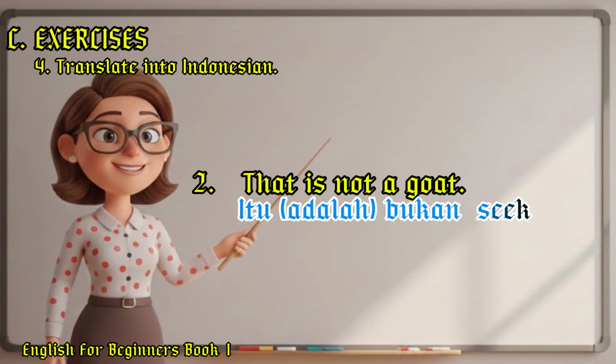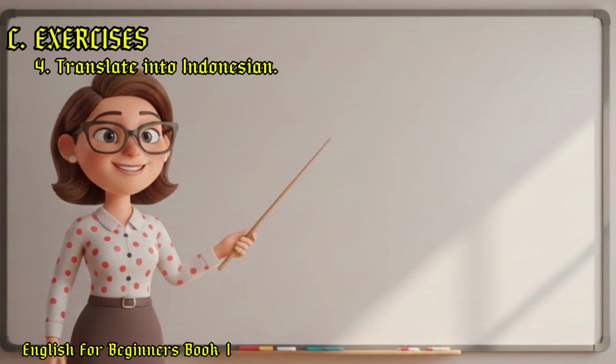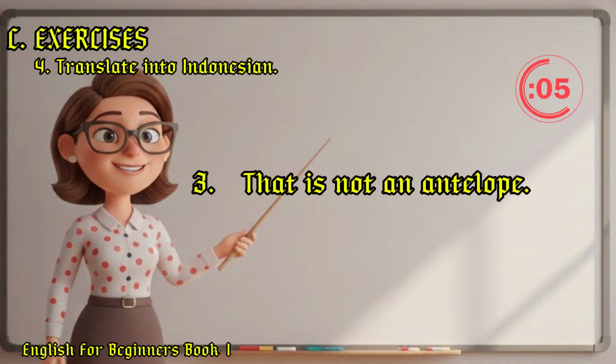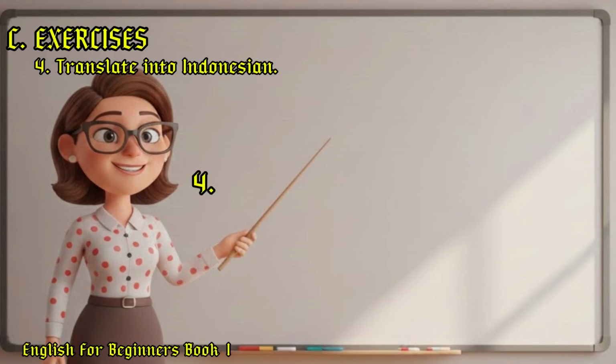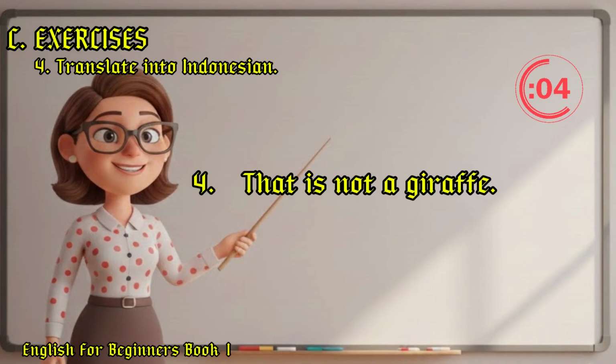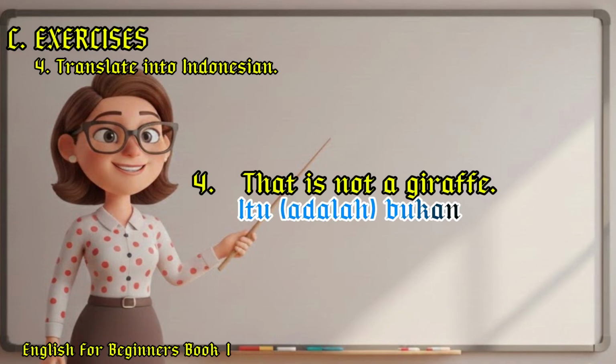Itu adalah bukan seekor kambing. 3. That is not an antelope. Itu adalah bukan seekor antelope. 4. That is not a giraffe. Itu adalah bukan seekor jerapah.